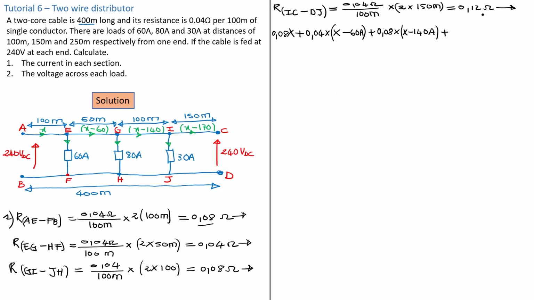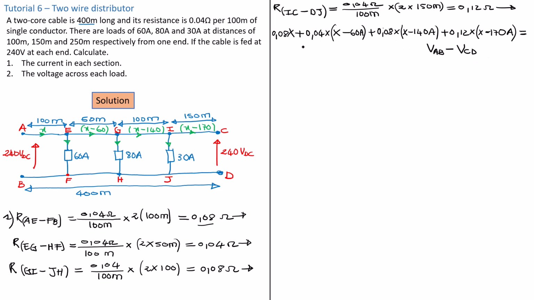So that is equal to the resistance of that section, so that is 0.12, times the current on this section, which is X minus 170 amps. Right, now this is equal to what? This is equal to the difference between these two voltages, the two input voltages. So that is VAB minus VCD.